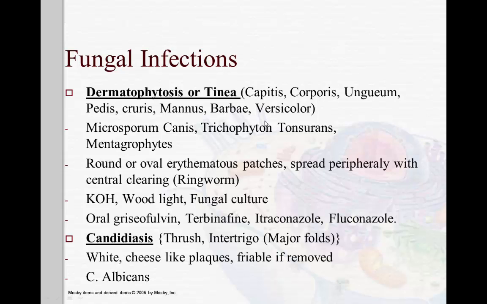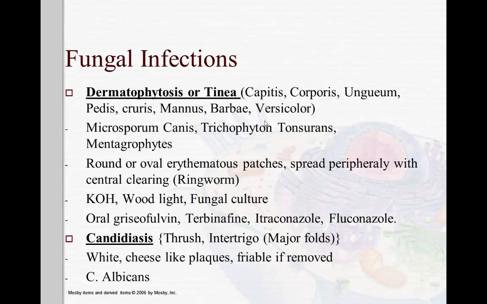Dermatophytosis or tinea could be present in the scalp, called tinea capitis. It could be present in the body, which is called tinea corporis. If it's present in the nails, it's called tinea unguium or onychomycosis. If it's present in the inguinal area, it's called cruris. If it's present in the hands, it's called tinea manus. If it's present in the beard, it's called barbae.